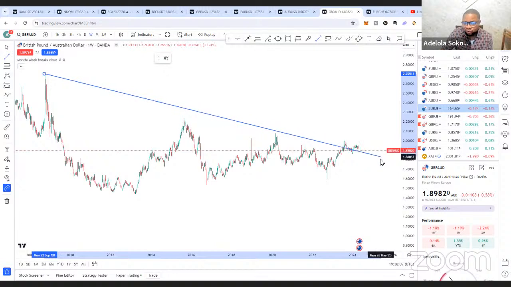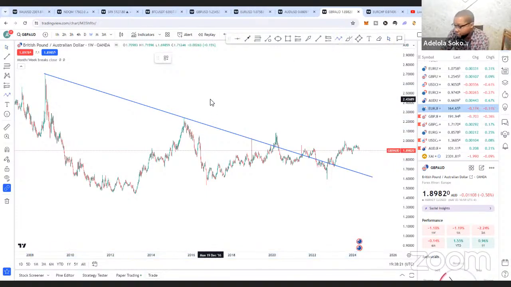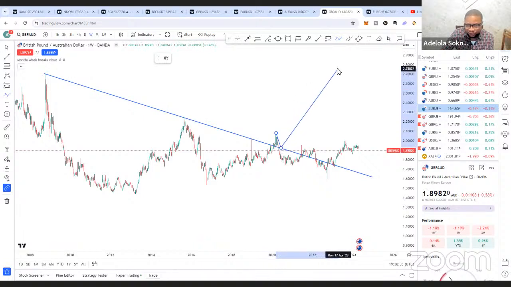So any buying opportunity for GA, although you can see that we've broken out of this channel. I'm on the weekly time frame right now. Every time there's a breakout from a channel, normally you expect price to come back and test this trend line and then continue to the upside.